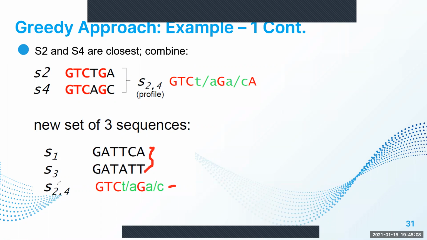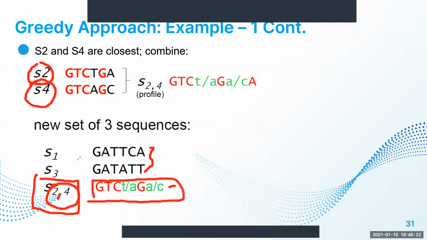We name our profile as S24. 24 means we combine the second sequence with the fourth sequence, so we name it S2,4. This is a profile and these are the normal sequences. Then again we run our algorithm.